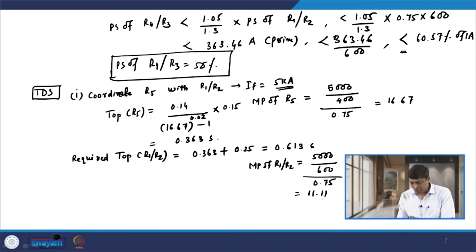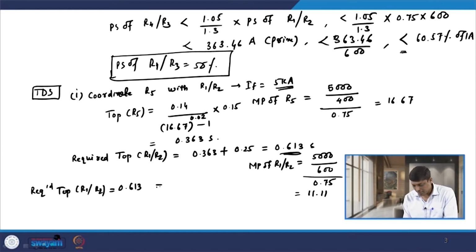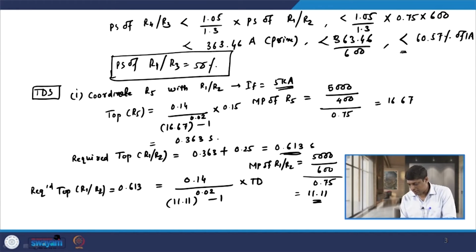If I use this value here, then the required time of operation of R1 oblique R2, which we have calculated as 0.613 second, is equal to 0.14 divided by MP, that is 11.11 raised to 0.02 minus 1, into TDS. If you solve this, the value of TDS comes out to be 0.216.